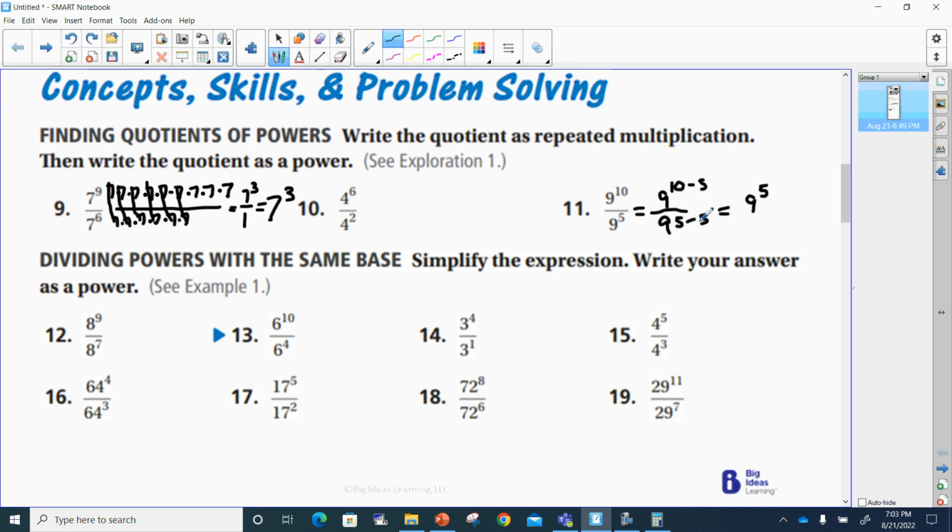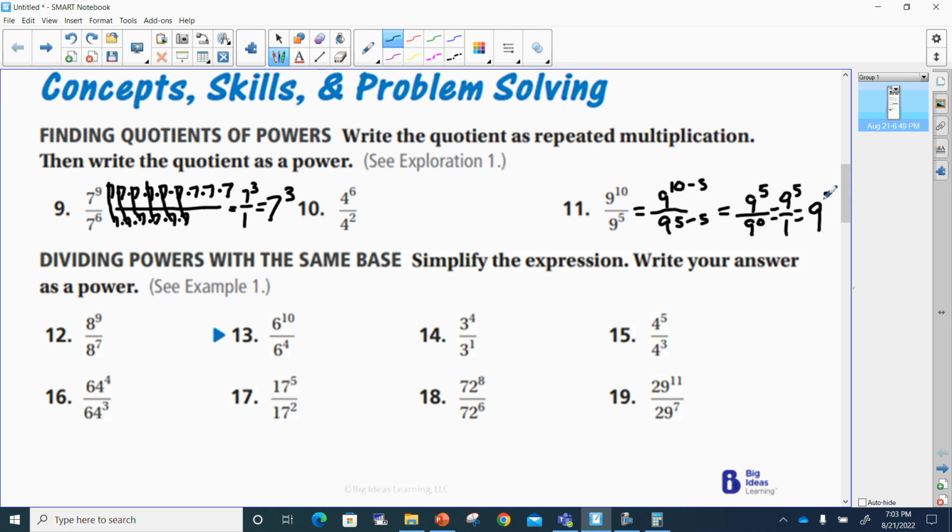And remember, this is 9 to the 0 power. And I know you're thinking, first instinct, 0. So this must be a 0 on the bottom. Wrong. Remember, anything to the 0 power is 1. So this is 9 to the 5th power over 1, which is just going to equal 9 to the 5th power.